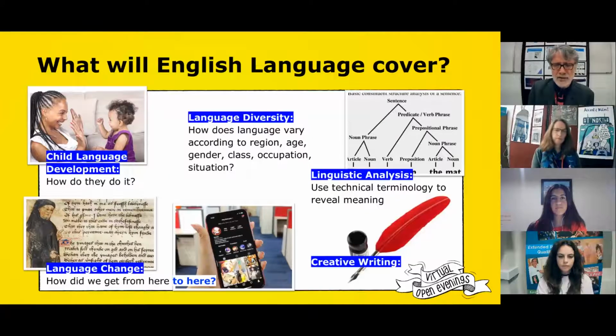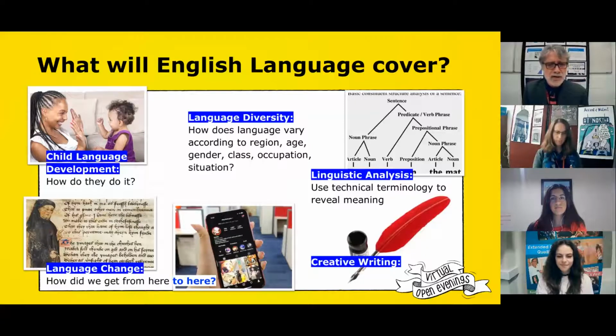It's quite analytical. You have to get a little bit nerdy about language, okay? But I think that doing that, you're not just doing it for its own sake, you're doing it so that you can reveal underlying meanings in texts. Okay, so in the end, it's quite fun.